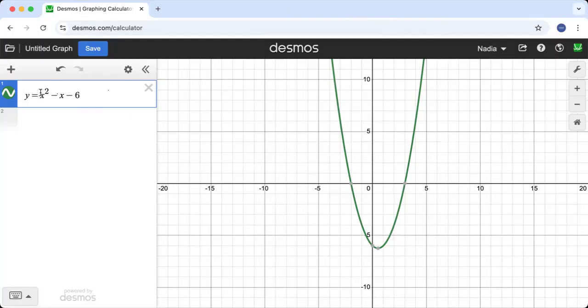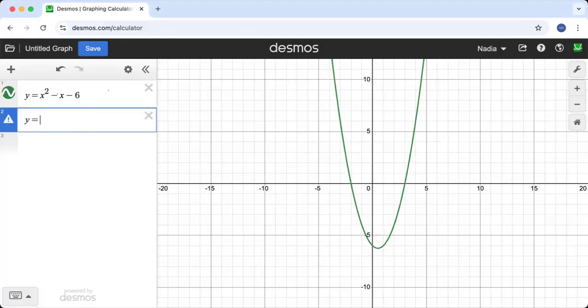If we have the equation y is equal to positive x square negative x negative 6, then our parabola, which is defined by the quadratic term, meaning the x square term, is positive. So our parabola is in a U shape.